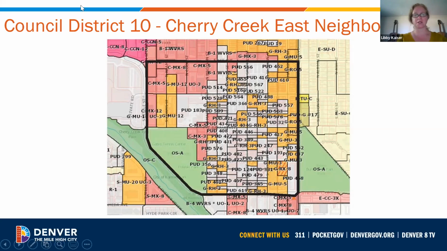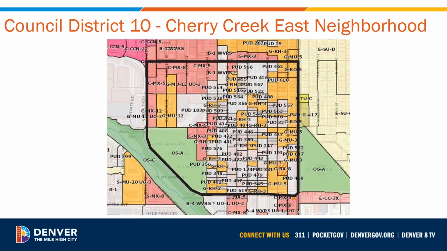So this isn't necessarily something that we would apply citywide, nor is it a priority for us to apply this in other neighborhoods. But if there are other neighborhoods that were looking at our code and looked at the standards within these design overlays and said, hey, I think we could really benefit from applying these to our mixed use or residential areas, then that would be an initiative coming from a community that would want to apply these to their area. Okay, thank you.